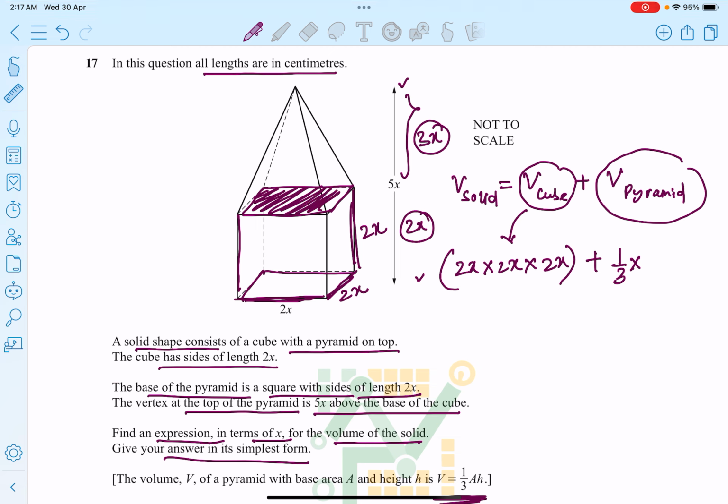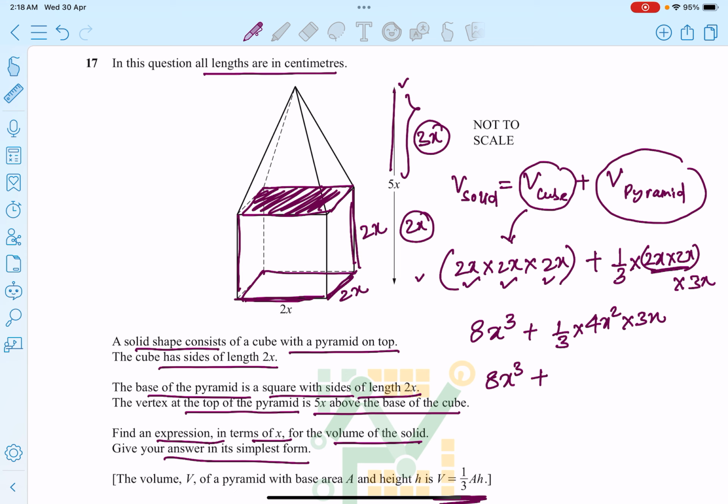The base of this pyramid is a square, so the area is length times width, 2x times 2x, and the height is 3x. So 2x times 2x times 2x becomes 8x cubed, plus 1 over 3 times 4x squared times 3x. I'm getting 8x cubed plus 1 over 3 times 12x cubed.